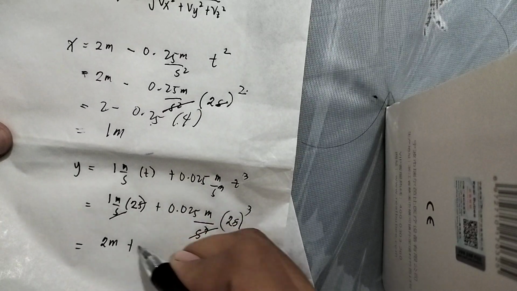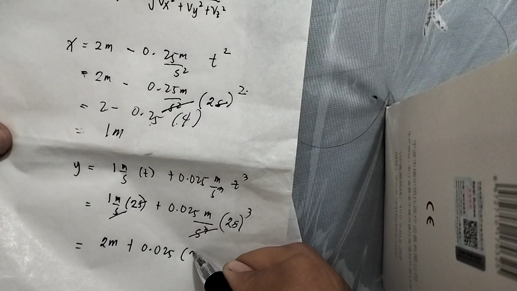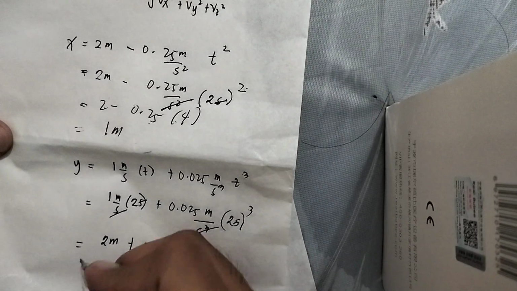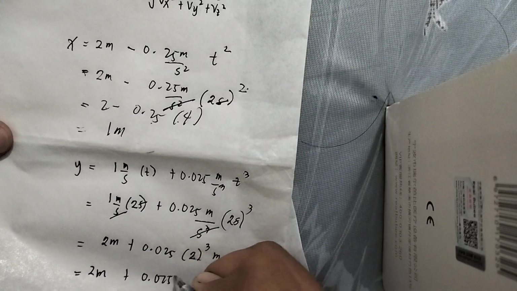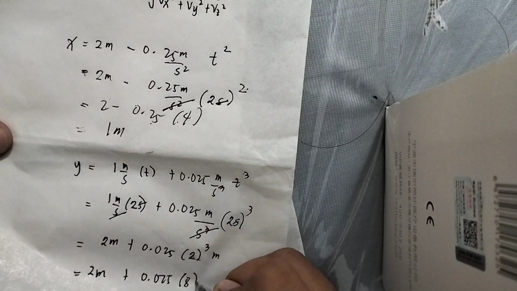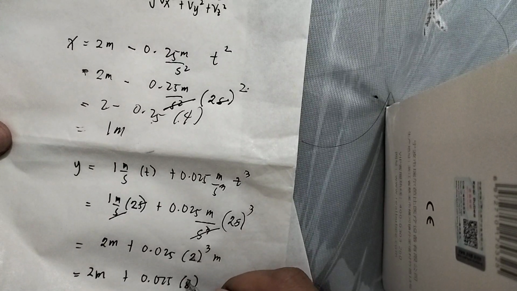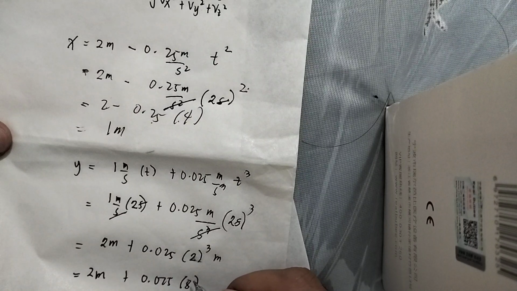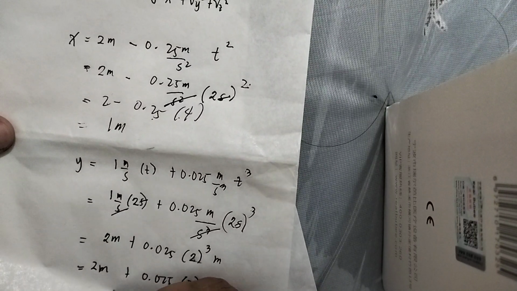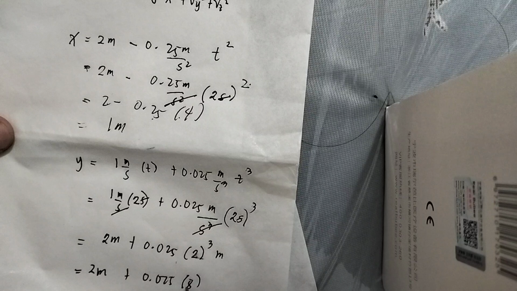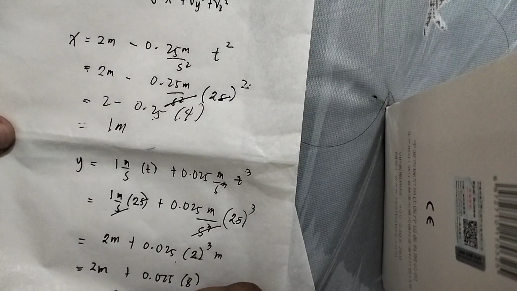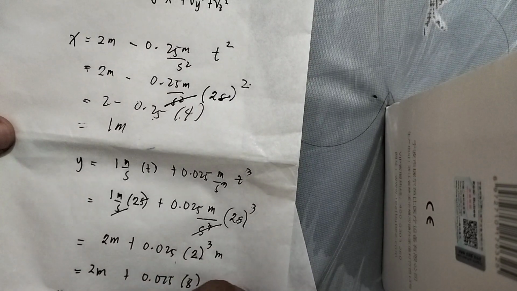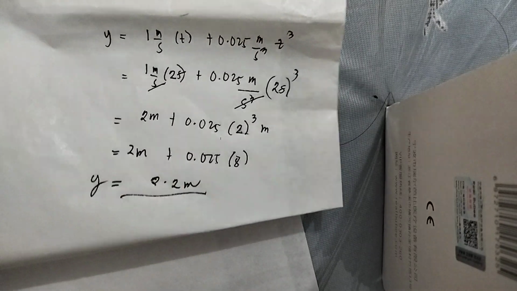So, 2 meters plus 0.025 and then 2 cubed. Pila man na si 2 cubed? 2 cubed is 8. 8 times 0.025 is 0.2, and then plus 2, you have 2.2 meters. Na kay x and y.